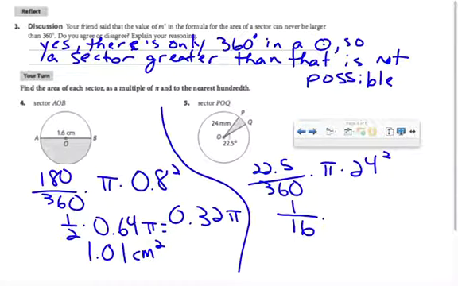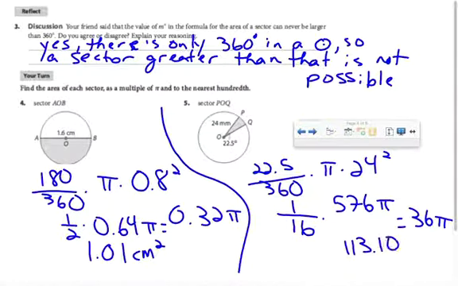And 24 squared is 576, and then pi. So 576 divided by 16, oh, that's 36. So 36 pi is my first answer, and then when I evaluate that, I have 36 times pi, and that is 113.10 square millimeters.